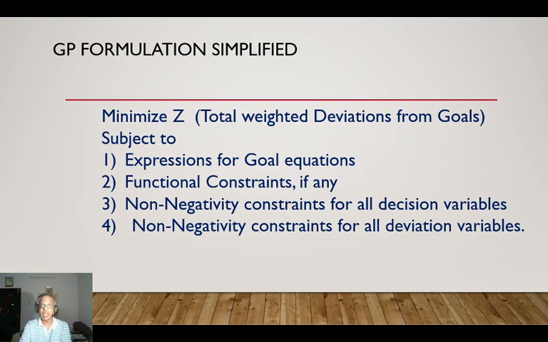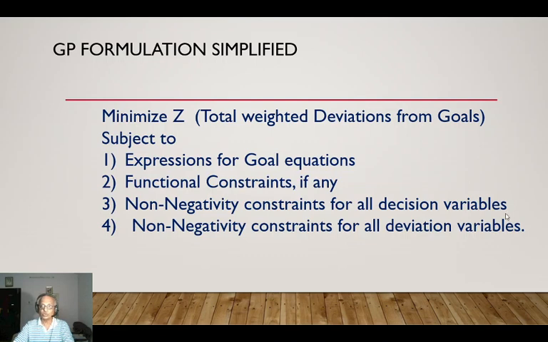Here you will have to minimize total weighted deviations from goals, subject to the constraints: expressions for goal equations, then certain functional constraints, and then non-negativity constraints for decision variables, and non-negativity constraints for all deviation variables.